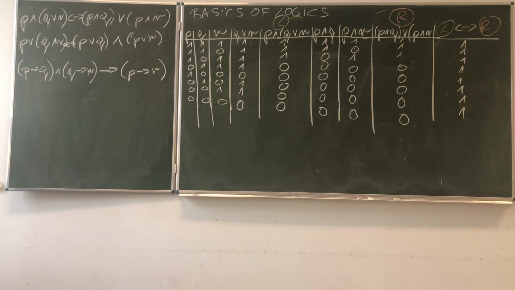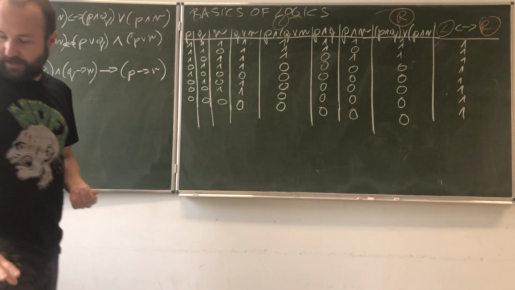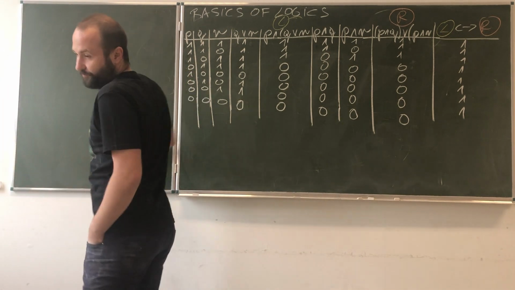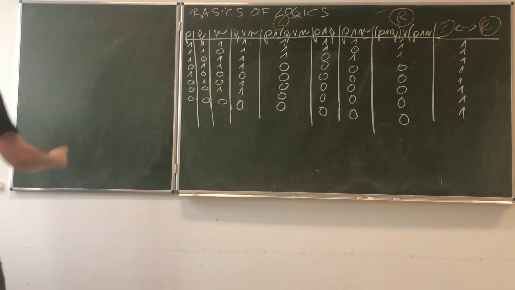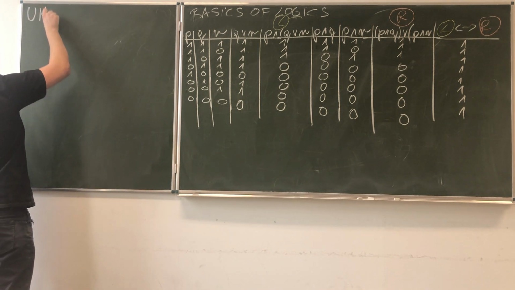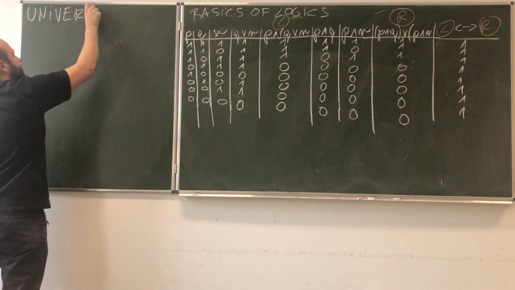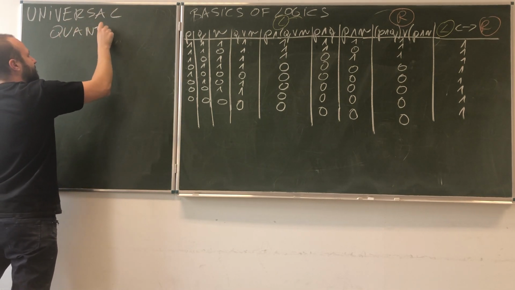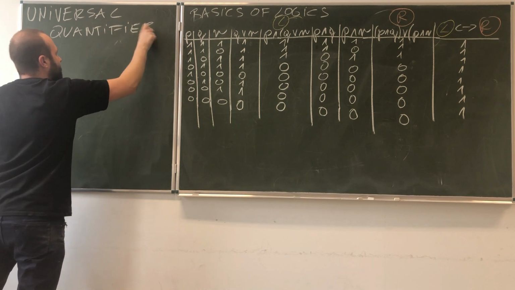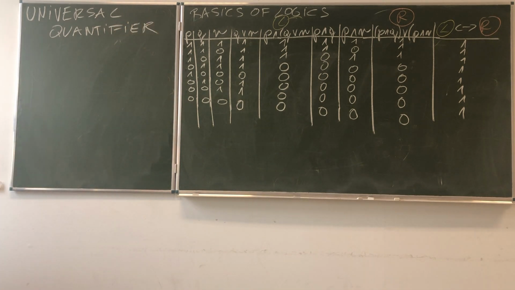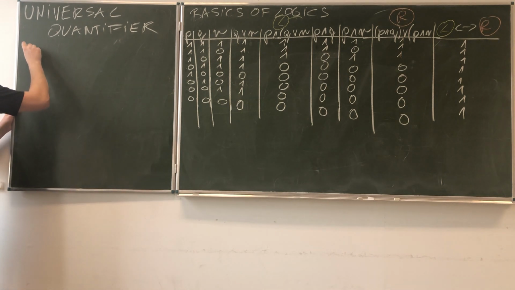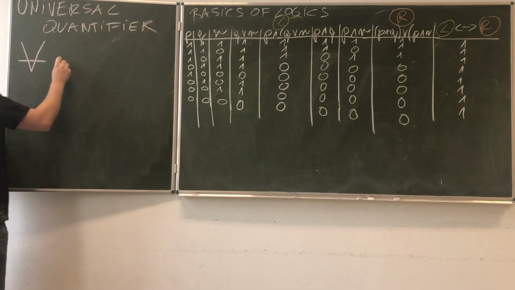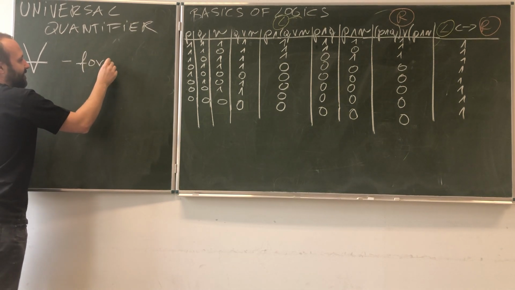Okay, the one last thing we need to do about logics are quantifiers. So first, we will have the universal quantifier. Universal quantifier, we write it as this, and we read it as for every.